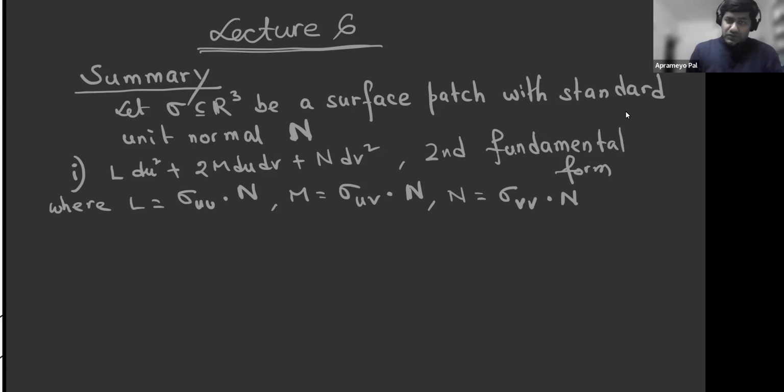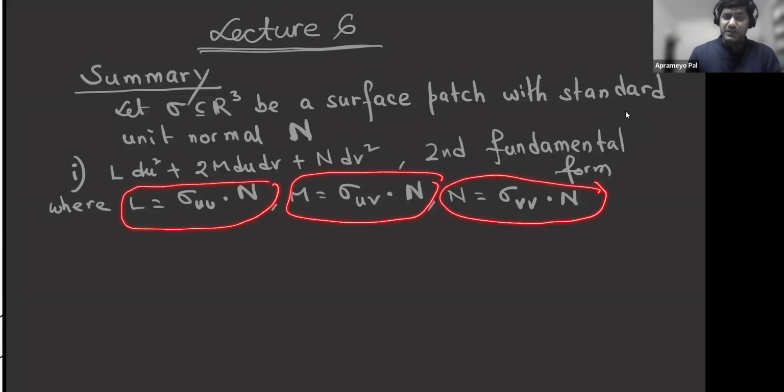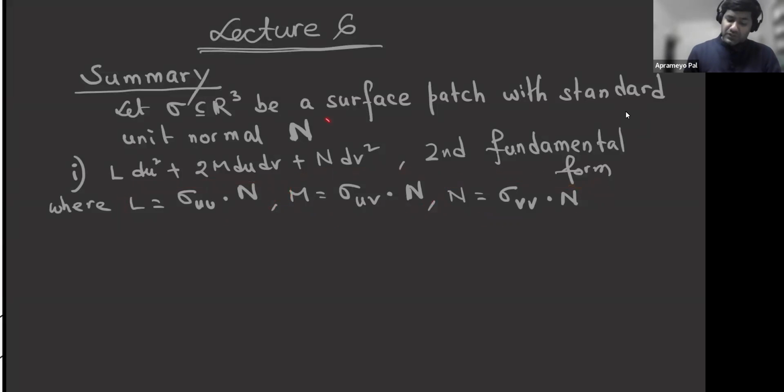Then we computed explicitly for some examples using these formulas: if we have a surface patch and we can compute the unit normal n, you just take the dot product and compute it. So we did that for some examples.